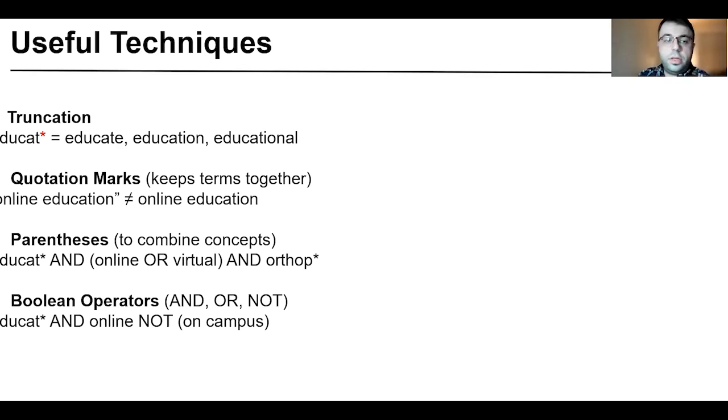So first, you use the truncated word educate plus asterisk. Then you put an AND, and in parentheses you are putting online or virtual, which means the search strategy will look for either the online or virtual word among the parts of the paper that you have put there.